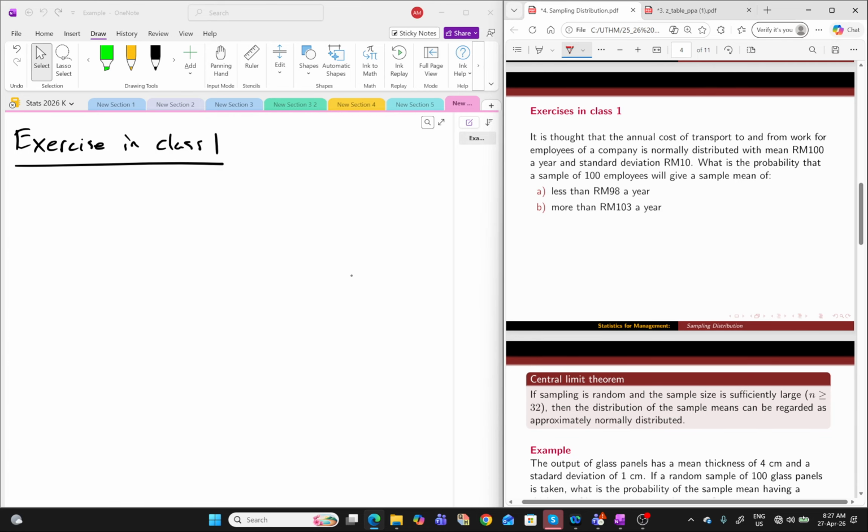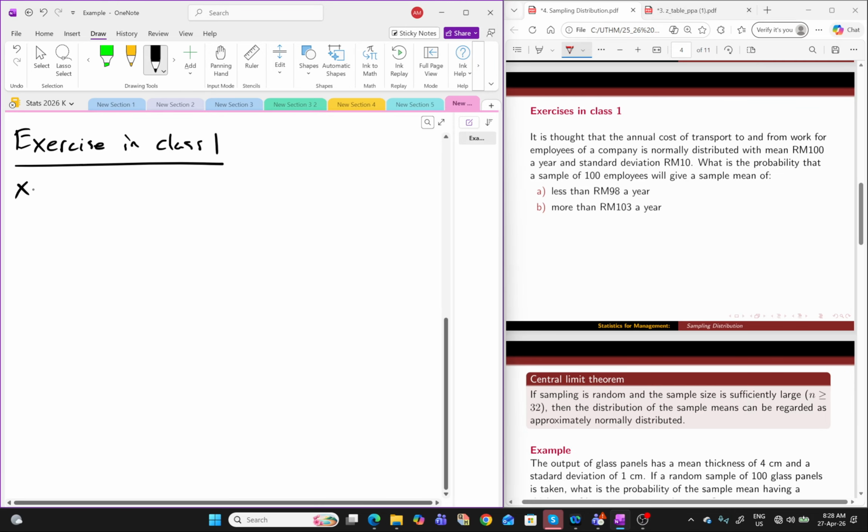It is thought that the annual cost of transport to and from work for employees of a company is normally distributed with mean. So this one you write x equal to what?